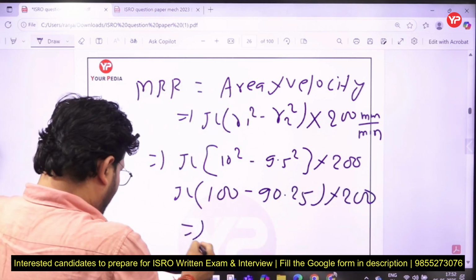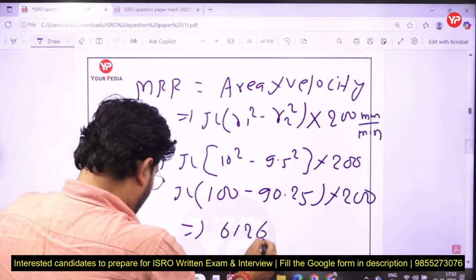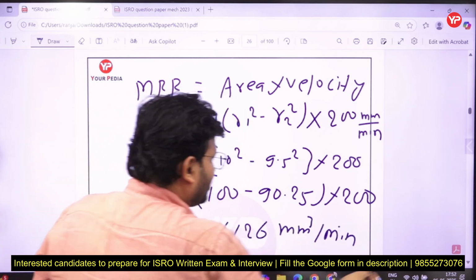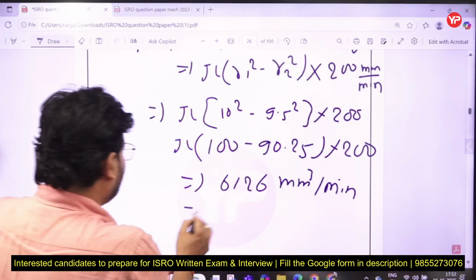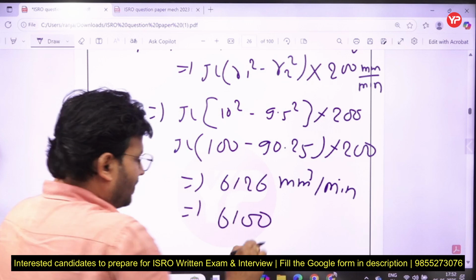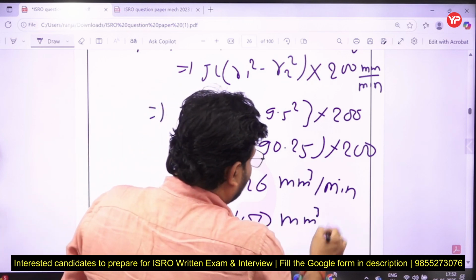By solving that we get 6126 mm cube per minute, but that is not present in the options, so accordingly the option is 6100 mm cube per minute.